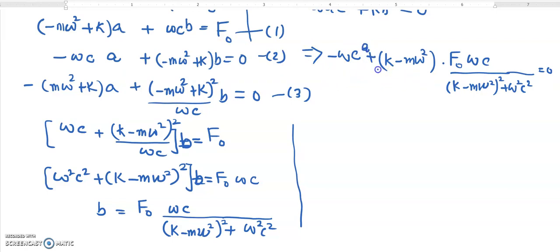So from here I can take this omega c, I can change the signs of this omega c term. So omega c will cancel out from here. Okay, omega c will cancel out. So what will be left, if you simplify it, is f naught, because omega c will cancel out, both terms have it, and then I will get this value.